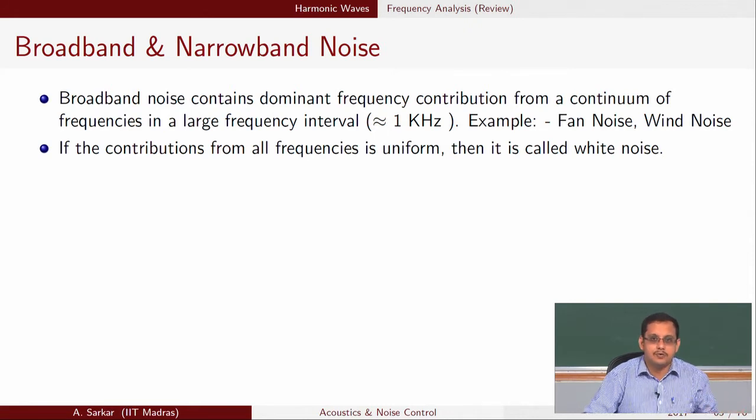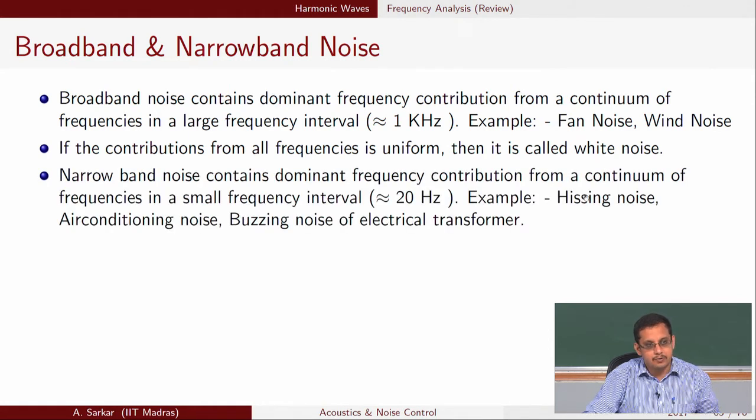Typically when you have flows without any resonance effects, not the whistling sounds, you will have white noise. Whereas if you have some tonal noise embedded within the flow, you will have a narrow band noise. For example, flutes.